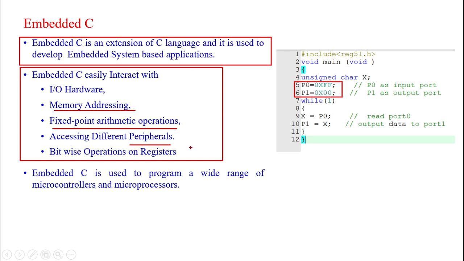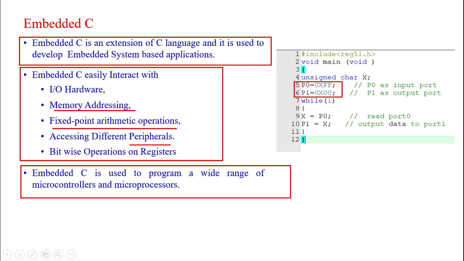Because of these reasons, C programming is used in our embedded system applications, and that is called embedded C. Embedded C is used to program a wide range of microcontrollers. There are no restrictions. You can program any microcontroller using embedded C. So embedded C means the C programming which is defined to develop programs for embedded systems.